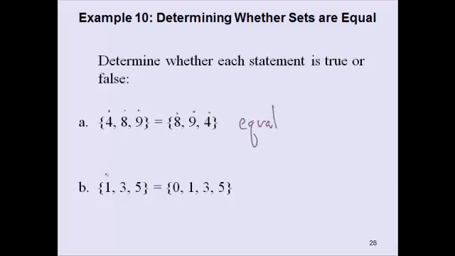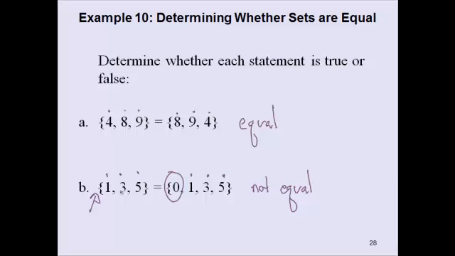You've got 1 and 1, 3 and 3, 5 and 5, but the 0 here is not over here. It's missing, and so these are not equal sets. They are also not even equivalent sets, okay? Because this one has 4 elements in it, and this one only has 3. So these are not equal and not equivalent.